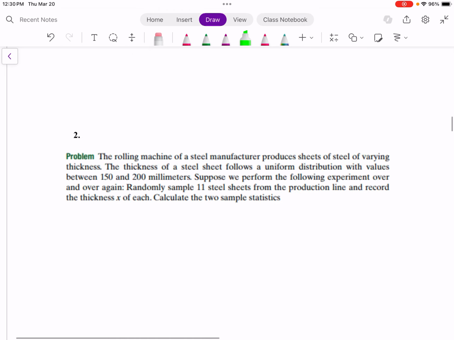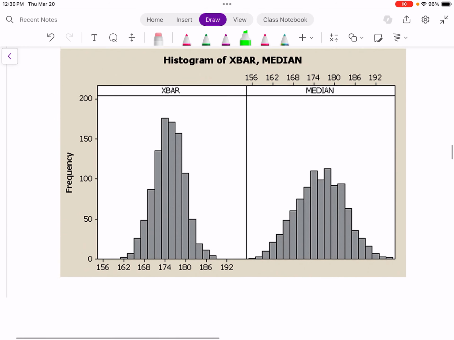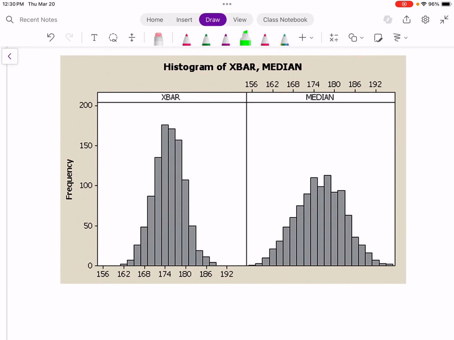Okay, now before this example, we have a histogram here. Now, what kind of distribution is this? Is it a probability distribution or sampling distribution? What do you think? Sampling distribution. Now here we have X bar, right? This is a statistic. We have a median. So we have two different sampling distributions: a sampling distribution for X bar and a sampling distribution for median.